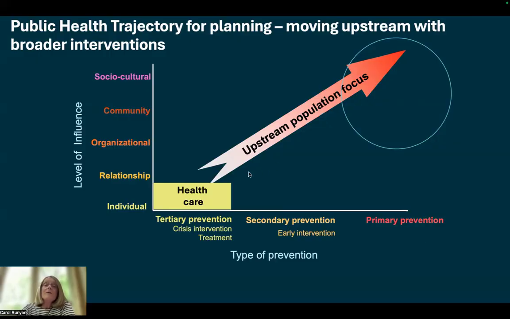And so what we refer to as our upstream population focus moves us usually in this direction toward more primary prevention and, to the extent possible, into those outer layers of the social ecologic framework. But as this arrow demonstrates, or is intended to demonstrate, it's a continuum. And so there are multiple different ways to think about these different levels.